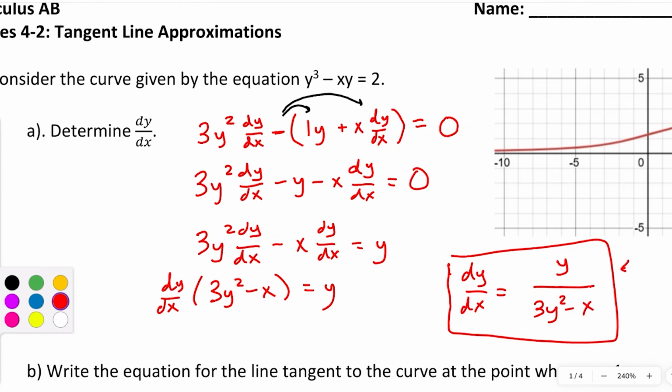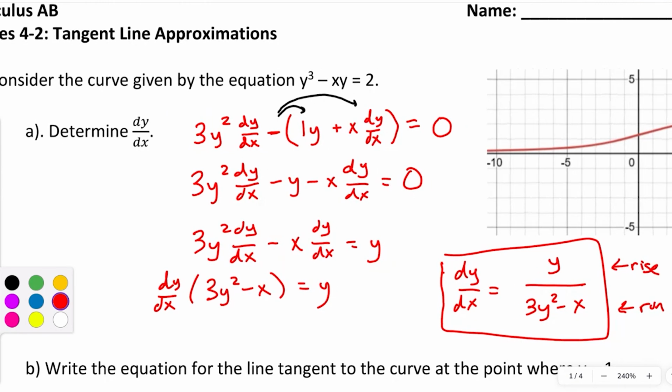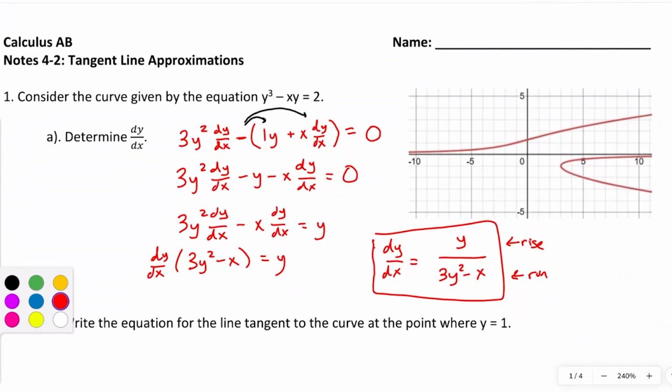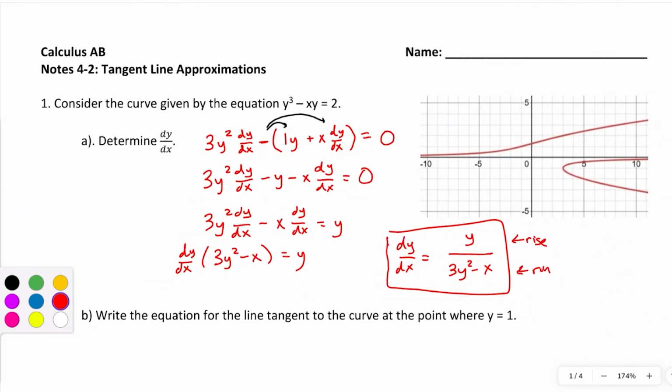This is like the rise and the run. This is the slope of that equation. So if we want to find the slope at any point on this curve, we can now plug in the x and the y to figure out that slope, and we'll have the rise over run. I just want to emphasize that dy dx is the slope. The derivative is the slope.